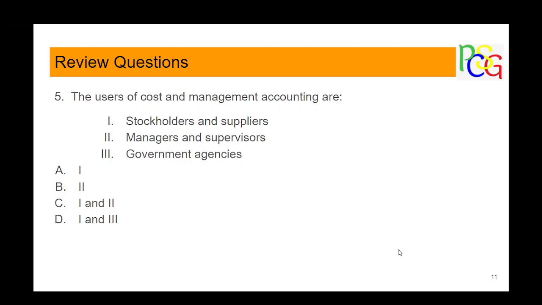So once again, by process of elimination, we know that the users of management accounting information are internal, which means it cannot be 1 because suppliers are external. Suppliers could be the same thing as creditors, they're external, and so are government agencies. So it would have to be B, 2 only, because managers and supervisors fall under the category of internal users. And so that's the answer for this question.